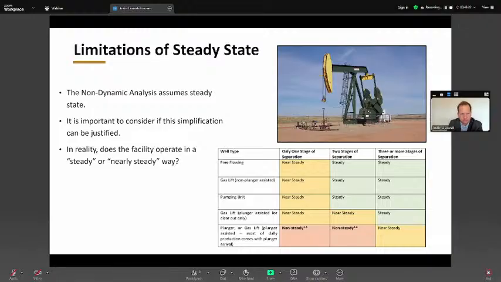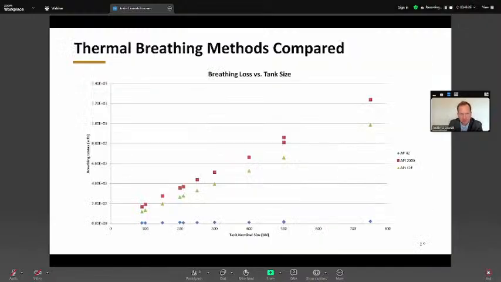analysis. The next major component would be your thermal breathing. So that is basically that diurnal cycle, the heat loading on your tanks, whether you have heated tanks. And US EPA has provided multiple ways to look at thermal breathing that they really focus on, which would be AP 42, API 2000, and API 12F.